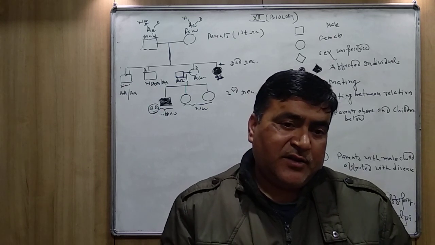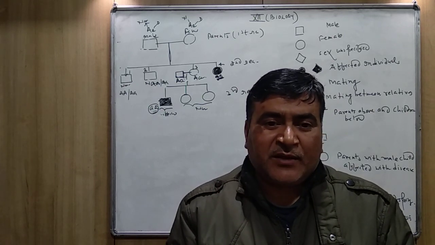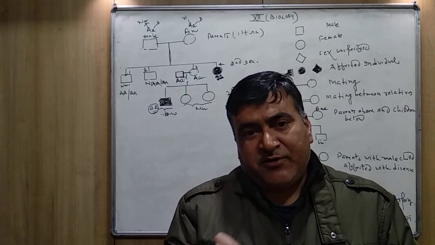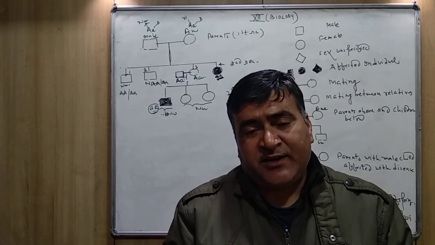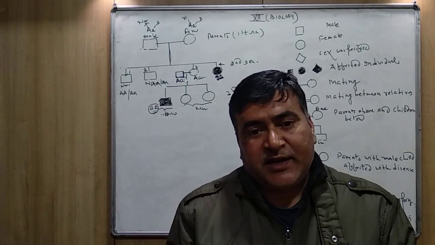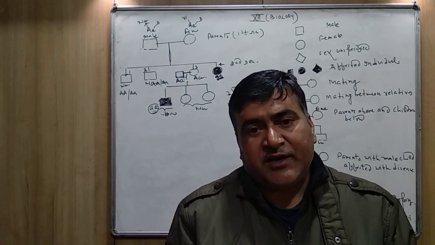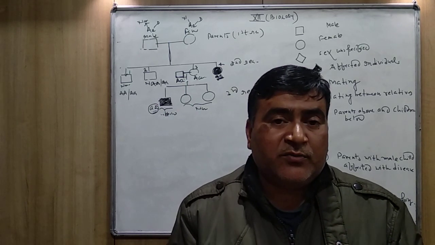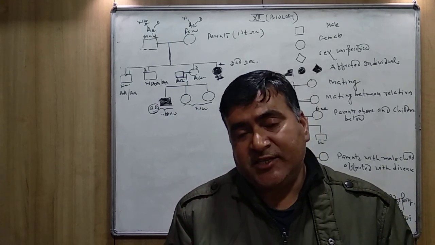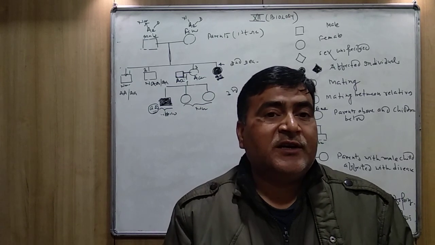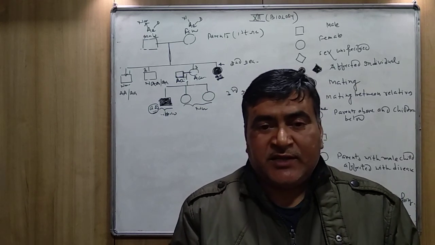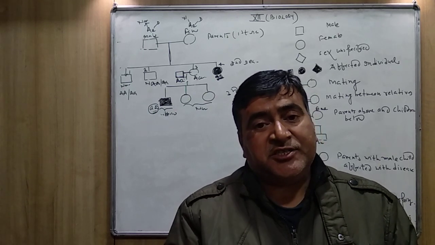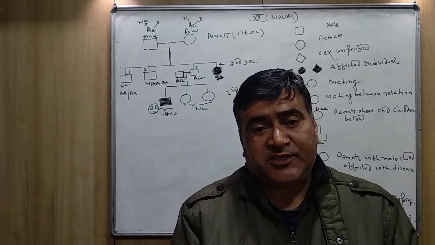In the Mendelian disorders, because of the change in a particular gene, the disorders are created, like hemophilia, color blindness, sickle cell anemia, thalassemia. All these are examples of Mendelian disorders, because the mutation, or you can say the change, occurs in a particular gene and the disease is caused.